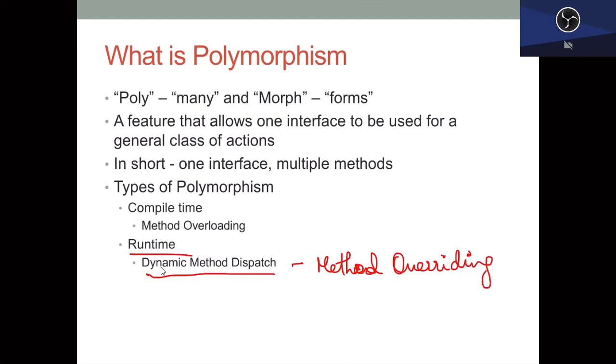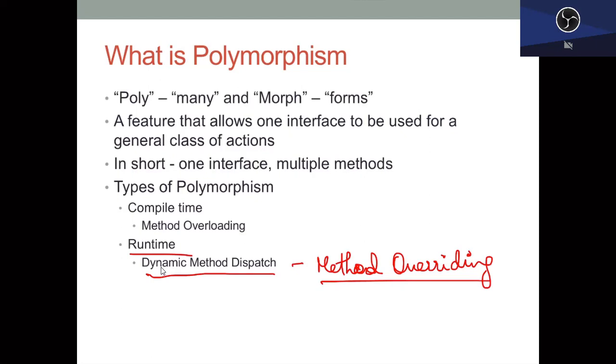Compile time polymorphism is useful, but dynamic or runtime polymorphism is very much more useful because, as we will see in a later part, this cannot be resolved at compile time.